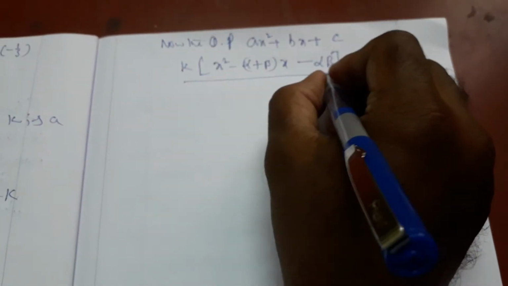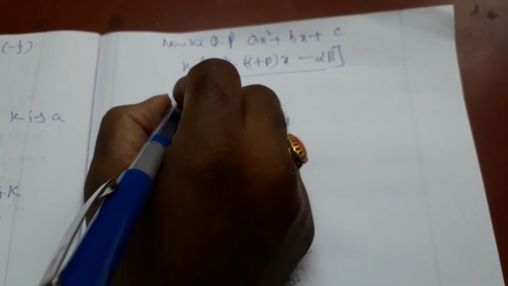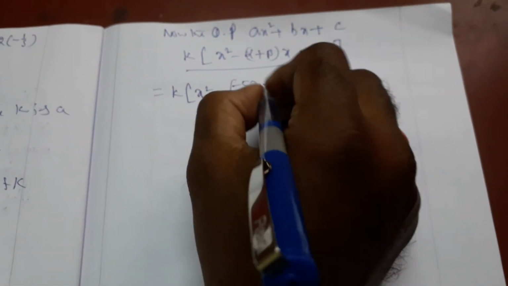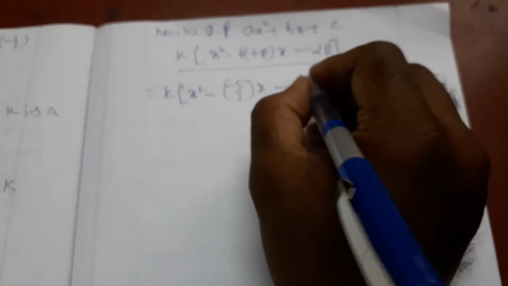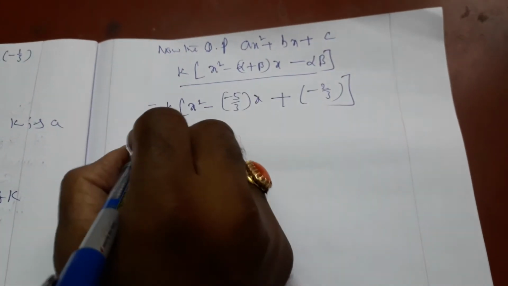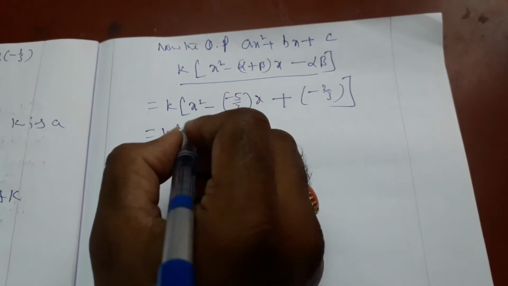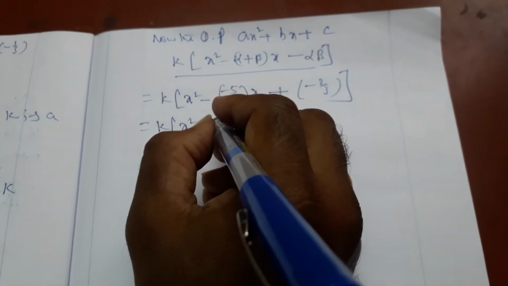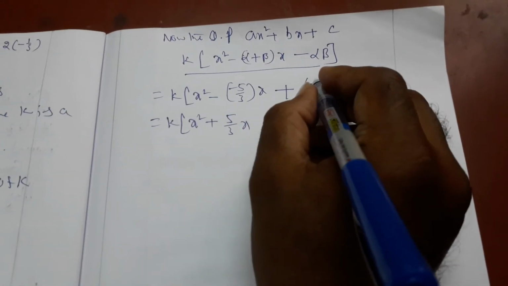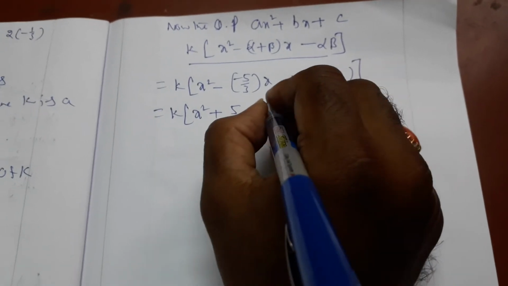Okay, this is the formula. So that equals k into x square minus alpha plus beta, which is minus 5 by 3, into x plus alpha into beta, which is minus 2 by 3. That is equal to k into x square plus 5 by 3 x minus 2 by 3.